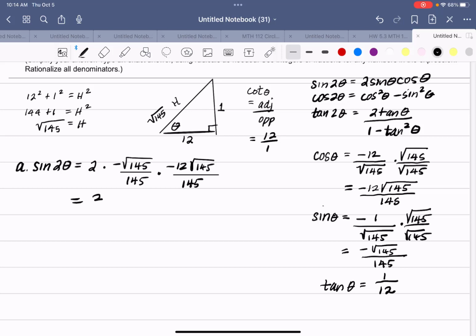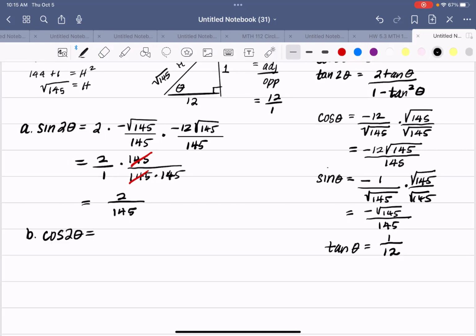So I've got a 2 over 1. I've got a negative times a negative, which is a positive. And since we're multiplying two square roots, the root will be removed, 145. And I'm just going to go ahead and put the 145 times 145 down here so I can quickly reduce that 145 in the numerator. So my answer is going to be 2 over 145 for my sine of 2 theta.